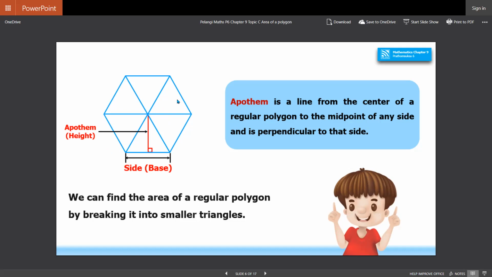So once again, the formula is 1/2 multiply side, multiply apothem, multiply the number of triangles there. The number of triangles here is 6, but we can go with n. In the formula, you would see n. N means what? The number of triangles there, that's the number of sides.